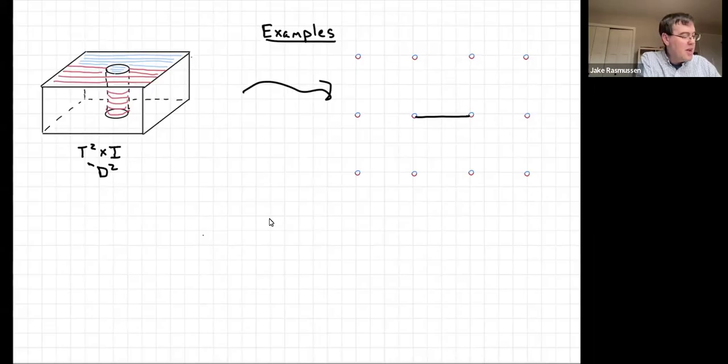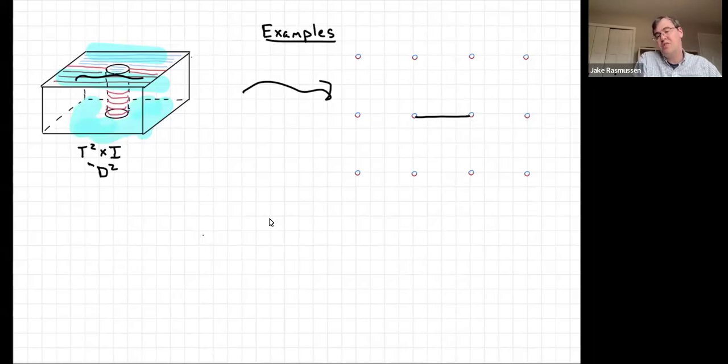Now the top boundary here looks like a torus, and I'm going to color it red and blue just like this. And then I'll just continue that pattern of coloration down to the bottom of the tube. And then on the other side, down here, I've got a bordered boundary that's a once punctured torus.